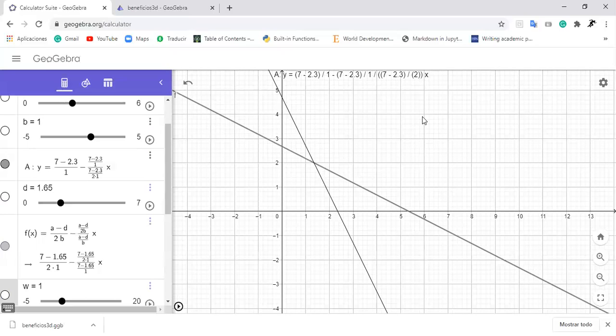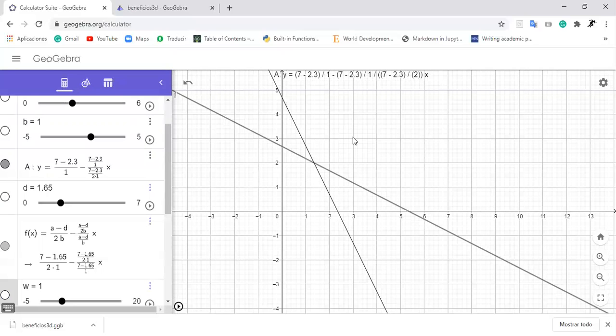Let me give you an example. What happens if firm 1 produces 3 units and firm 2 produces 3 units also? If each firm is producing 3 units, this point lies outside both reaction functions.